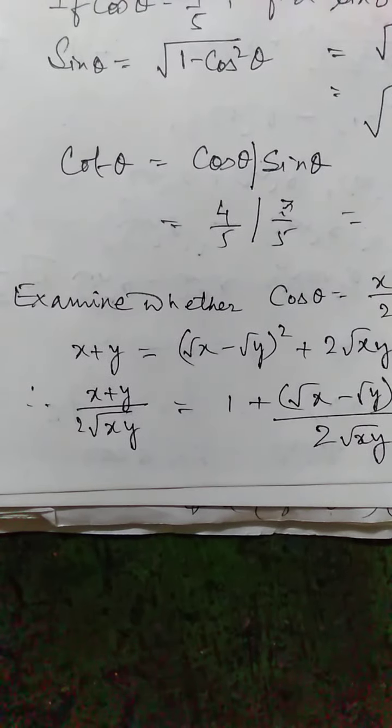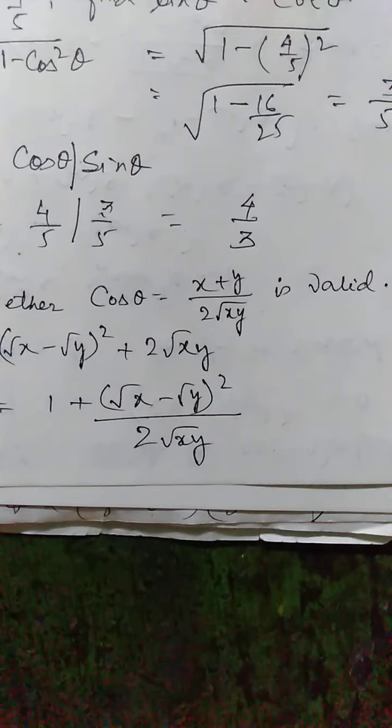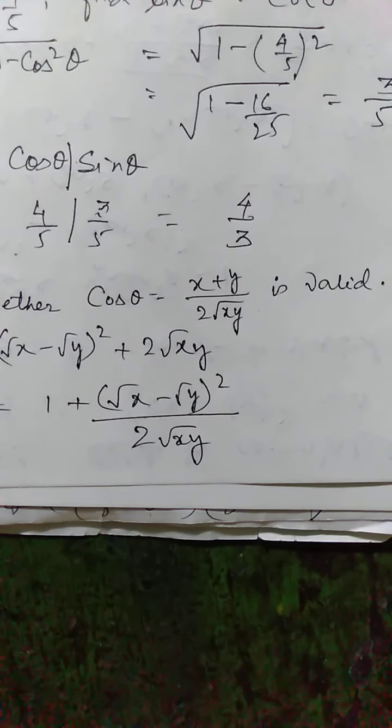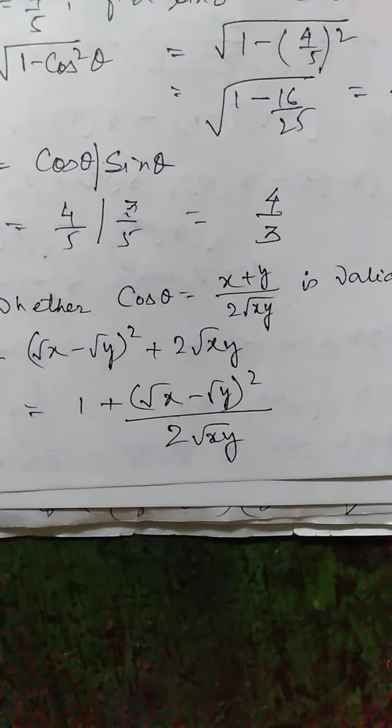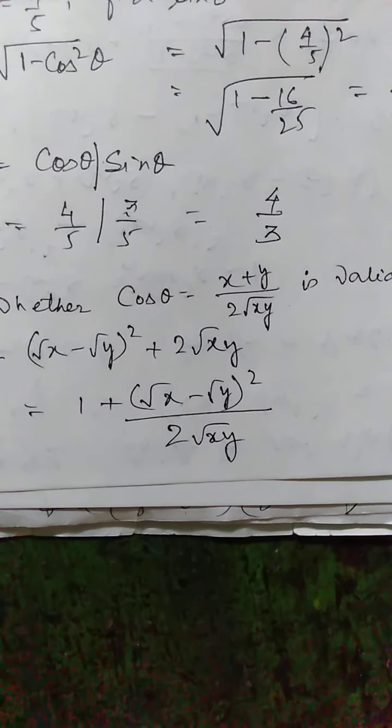Now see, they have asked, can the value of cos theta be x plus y by 2 root xy? Is it possible? Now here I want to tell you one thing, that the maximum value of cos theta is 1, and also of sin theta, and the minimum value is minus 1. So you have to keep this in mind, that the range of values of cos theta and sin theta is from minus 1 to plus 1.